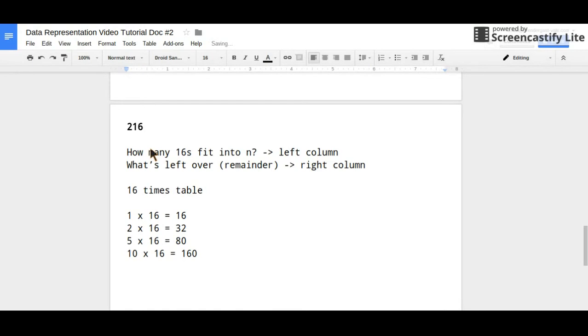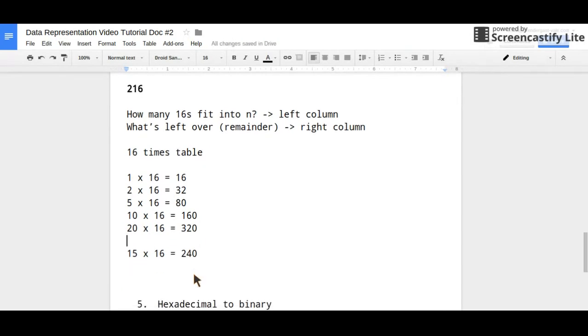So if we think about how many 16s fit into 216, I know that 20 times 16 is 320, so we don't have to go that far. So let's try 15 times 16. If I add together 10 16s and 5 16s, I get 240.